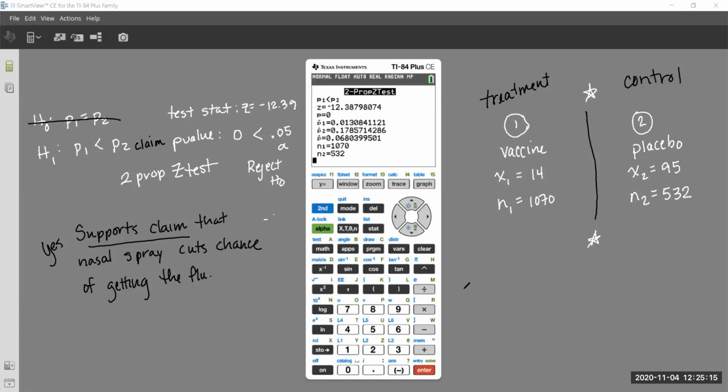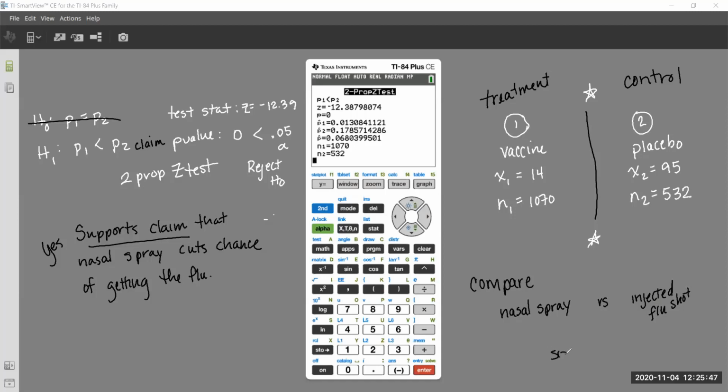Another idea, something that I would be interested in as a parent, especially when my children were younger, I would like to see a comparison, a study to compare the nasal spray vaccine versus the injected vaccine, the shot. And to see how the results compared of those two.